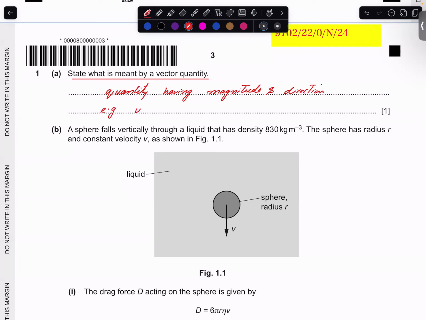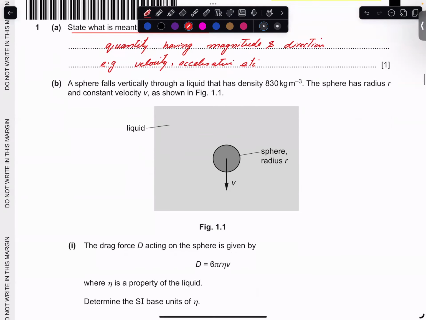For example, velocity, acceleration, displacement, etc.